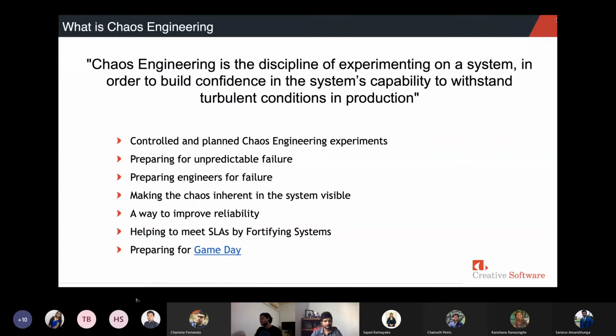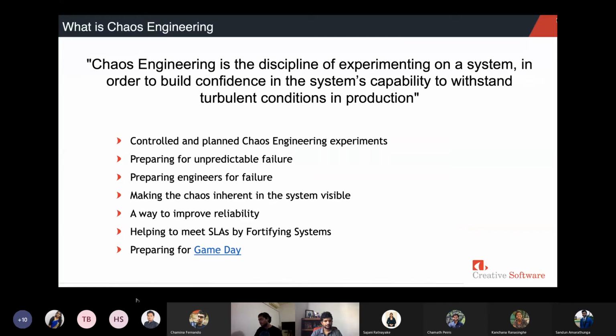You have to focus first on the reliability of the system, and after that you can focus on feature development and any improvements beyond that. And by that, it automatically improves your reliability and makes your system very robust, so that the downtime is very little, and it helps to meet SLA by fortifying your systems.